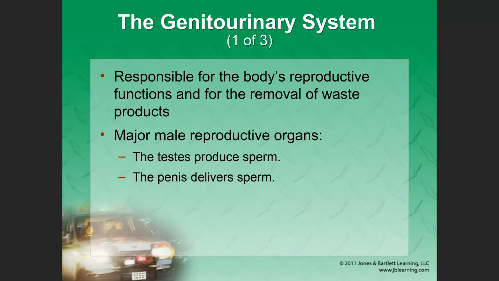Now, the genitourinary system. The genitourinary system is responsible for the body's reproductive functions and for the removal of waste products. Major male reproductive organs include the testes, which produce sperm, and the penis, which delivers the sperm.